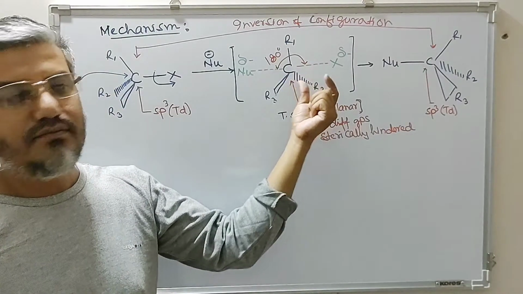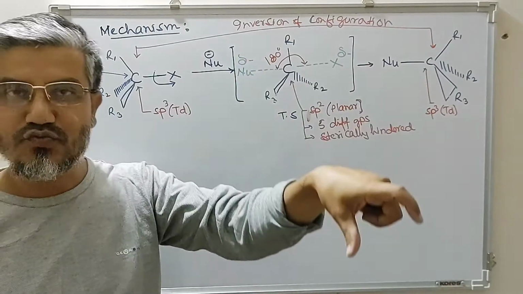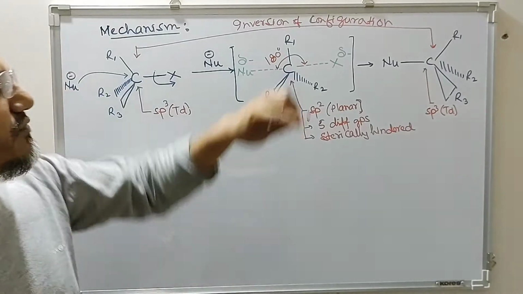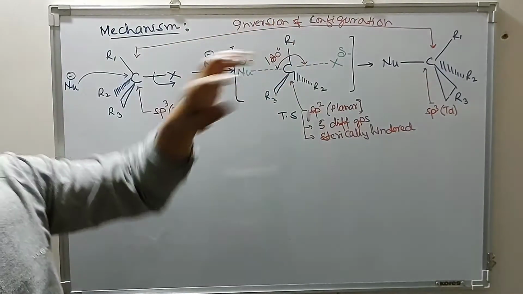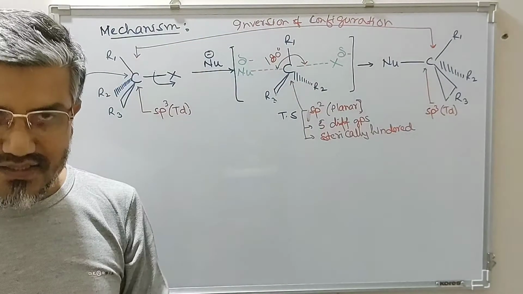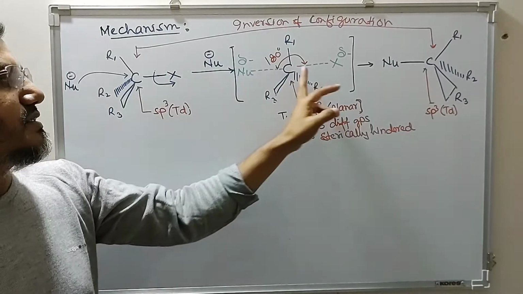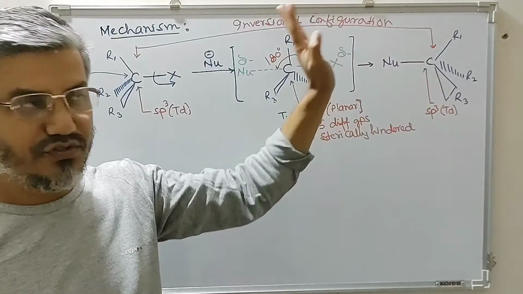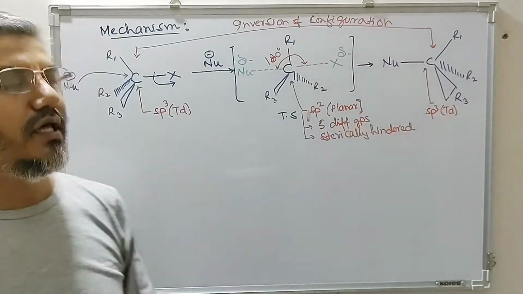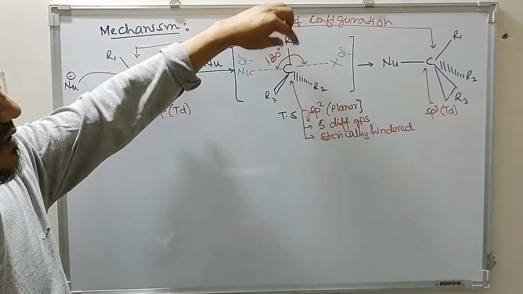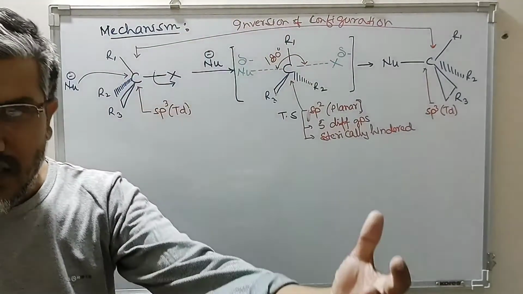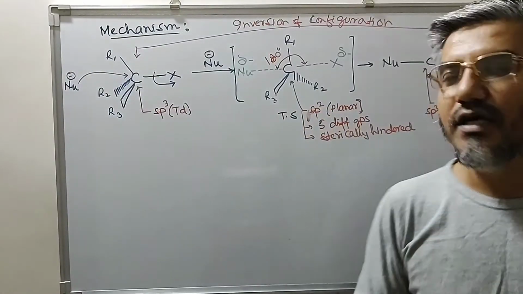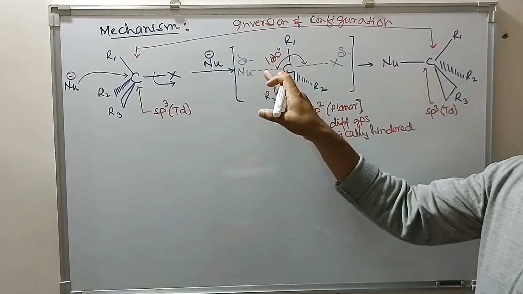In a sterically hindered system, nucleophilic attack space will not be available, and the rate of reaction will be slow. So if R1, R2, R3 happen to be hydrogen, being the smallest in size, the nucleophile can easily approach the electrophilic carbon, resulting in the formation of the transition state and the final product. If hydrogen is replaced by alkyl groups, the size of the alkyl group being greater than the size of hydrogen, the space for nucleophilic attack will be less.